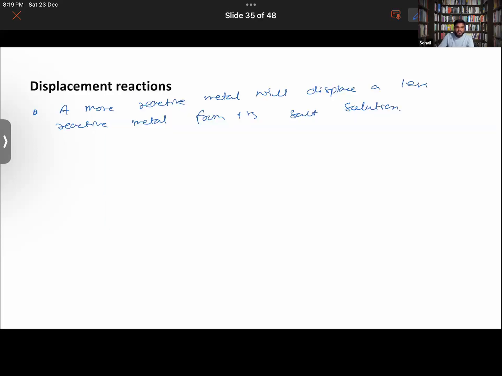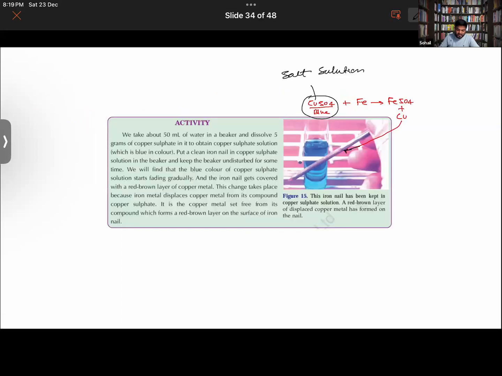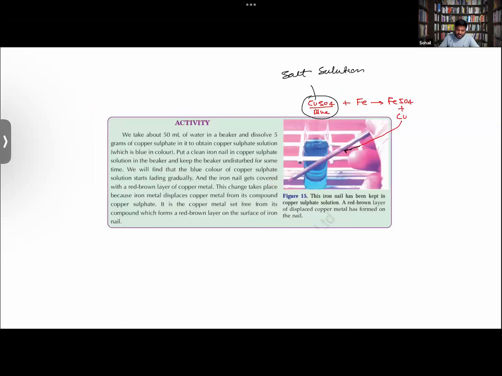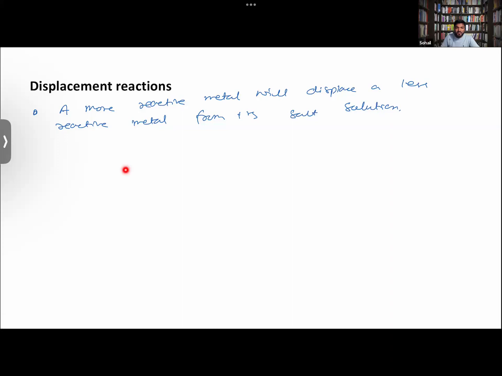Okay, now. So these were some of the examples, right? Now, what if we have iron sulfate? First, let me write the reaction again, the activity we had. Can anyone tell me what basically happened in this activity? What was the reaction? Sir, we took copper sulfate and an iron nail.